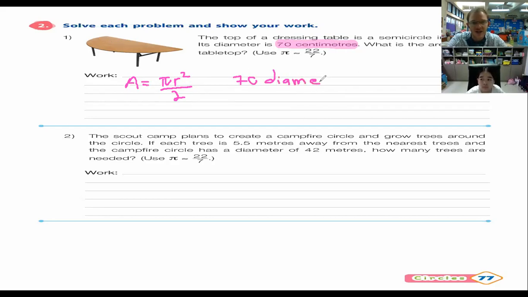What is the length of the radius? 35. So here we can say pi equals 3.14 multiplied by 35 squared, and at the end, divide by 2.